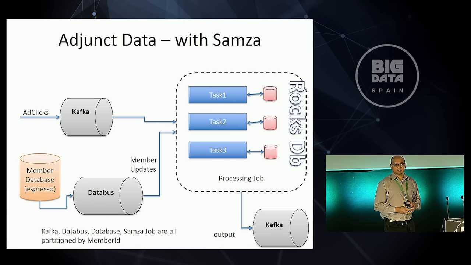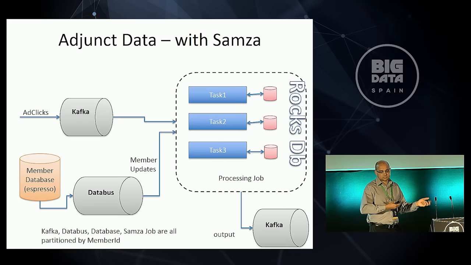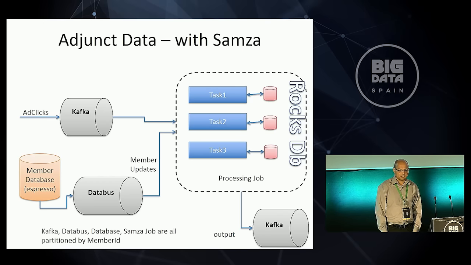Great, so how do we solve this? How do we make some of these problems go away? What we do at LinkedIn is, in our stream processing system, we have this notion of local state. In the same example that we looked at, which is the ads example, the stream processor job is reading the ad click stream.